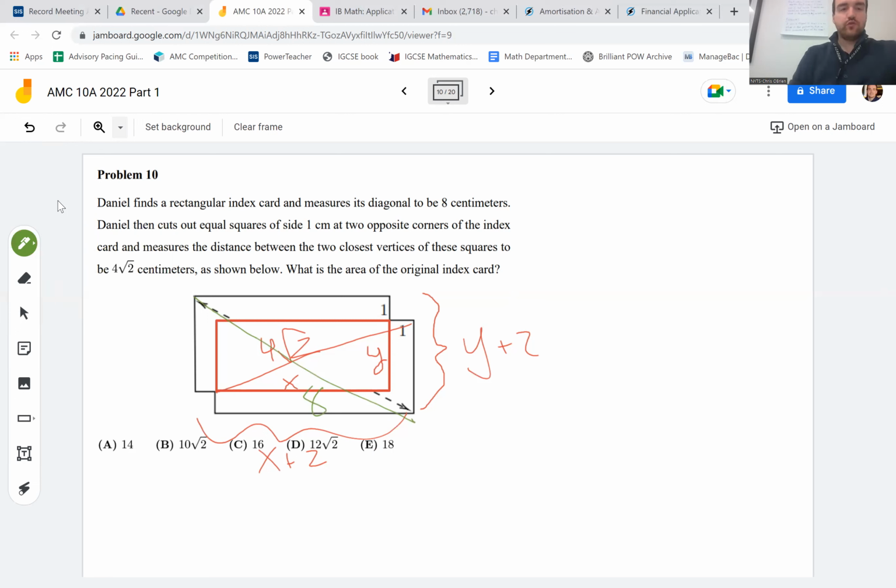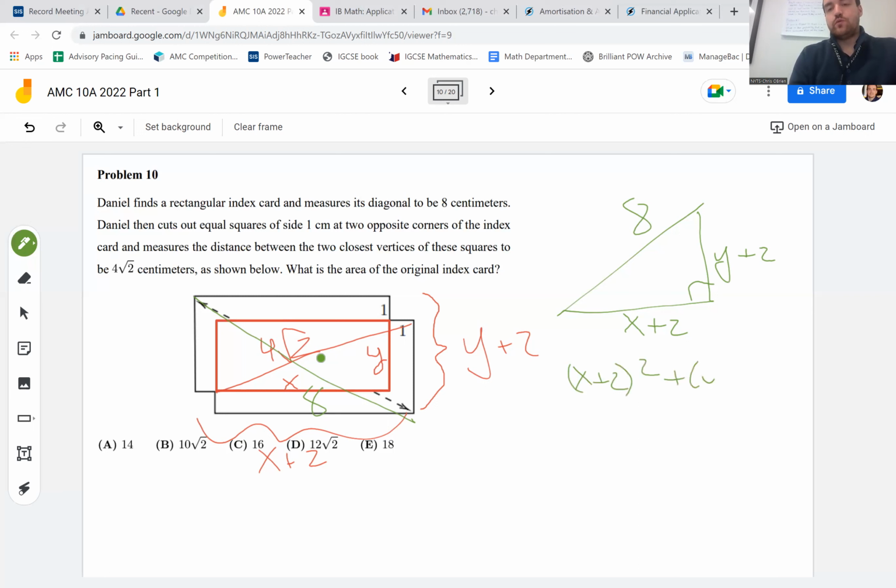So what I can do is draw two triangles. I can draw the larger triangle with sides X plus 2, Y plus 2, and 8. Then I can use the Pythagorean theorem to say X plus 2 squared plus Y plus 2 squared equals 64, 8 squared.